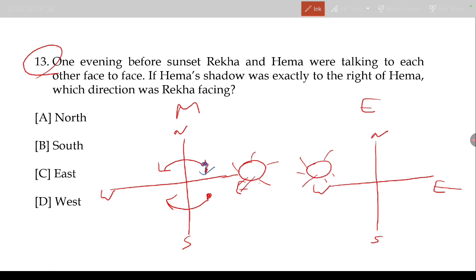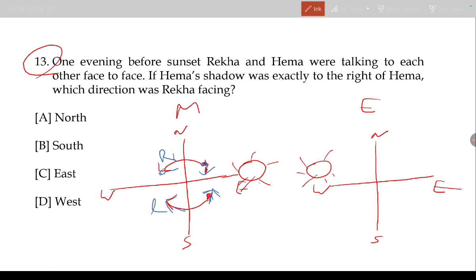If someone is facing toward the south, this shadow side, will it be on his right or left? Obviously on the right, right? If someone is standing here facing toward north, because they are talking face to face, his shadow will be on his right or left? Obviously on the left.